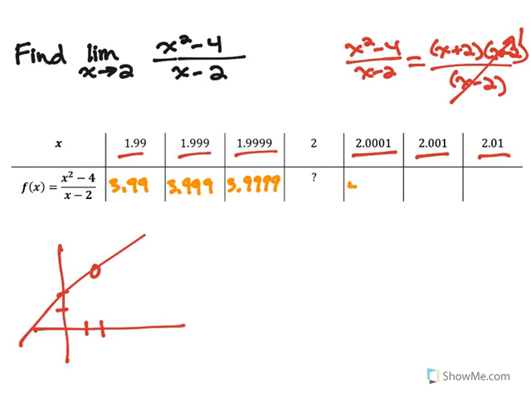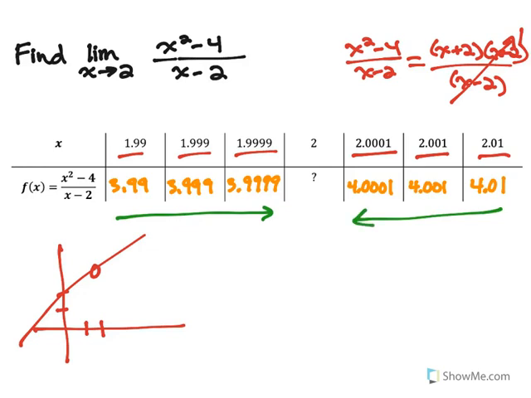For this one, we got 4.0001, 4.001 and 4.01. So when we look, coming from the left, coming from the right, we see that we would meet up at 4.